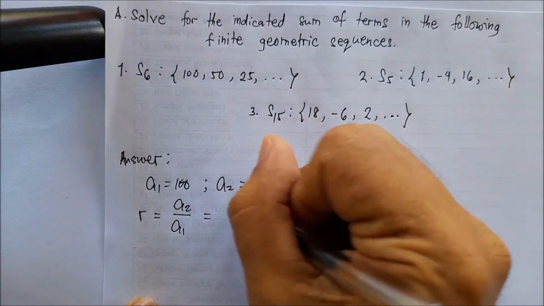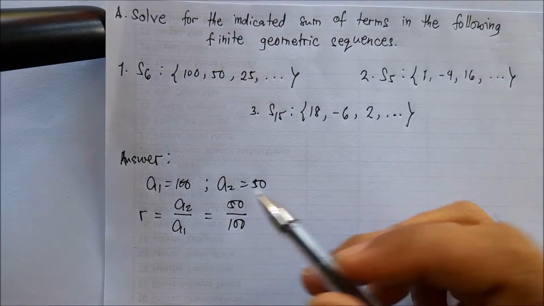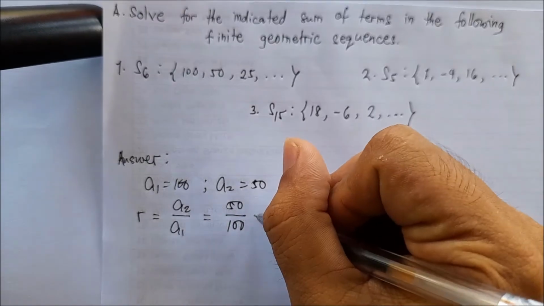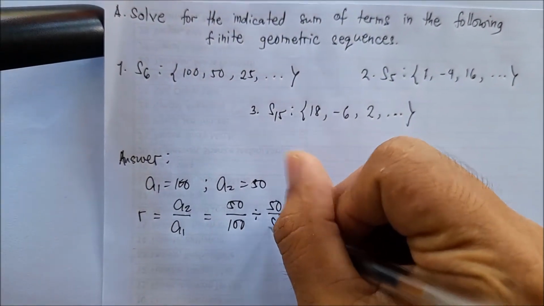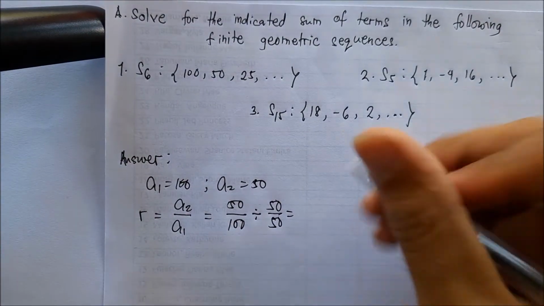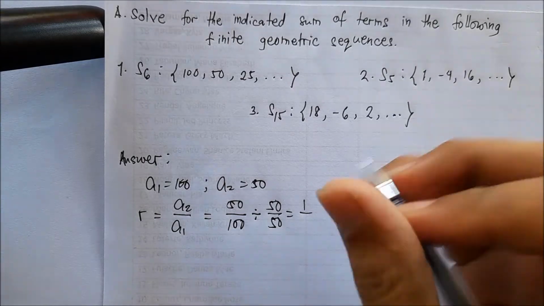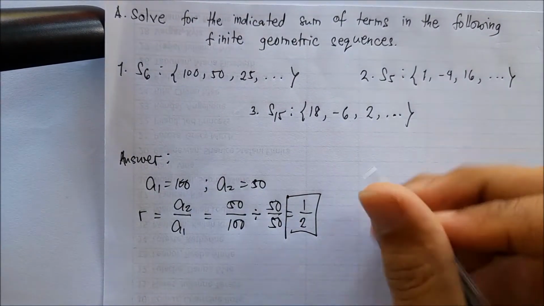Substitute 50 over 100. Simplify by dividing by 50. 50 divided by 50 is 1, 100 divided by 50 is equal to 2.